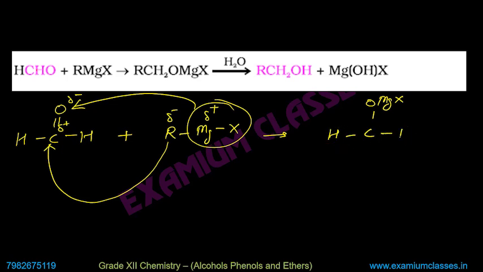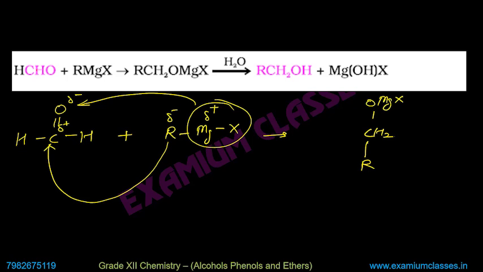Just understand it like this. R will be here. So this will form CH2. R got attached here. MgX got attached here. You got this product which is actually RCH2OMgX.